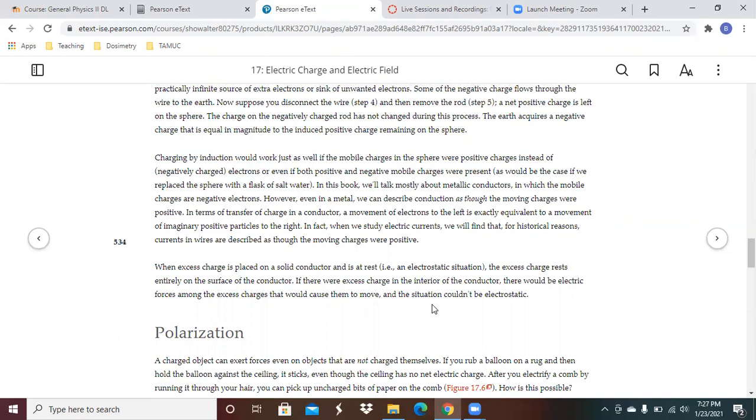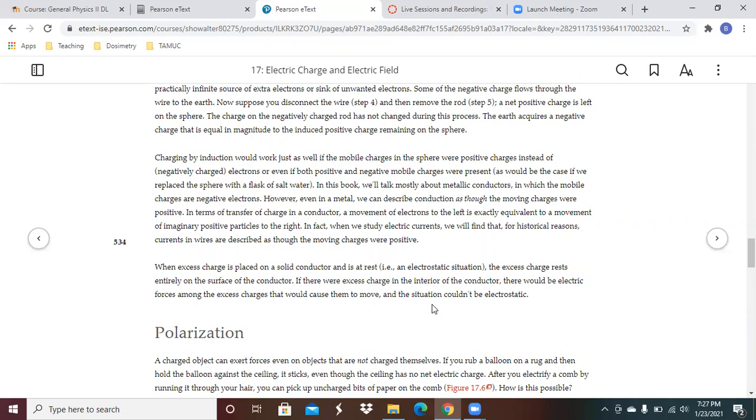So charging by induction would work just as well if the mobile charges in the sphere were positive charges instead of negative charges. In other words, we're not talking about the negative charges moving around, we're talking about positive charges. Or even if both positive and negative mobile charges were present.